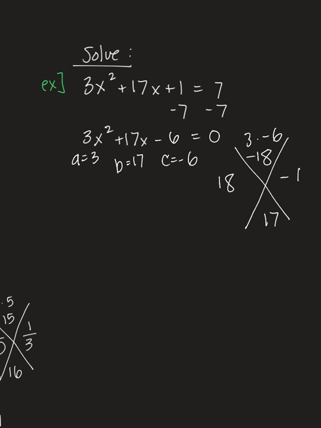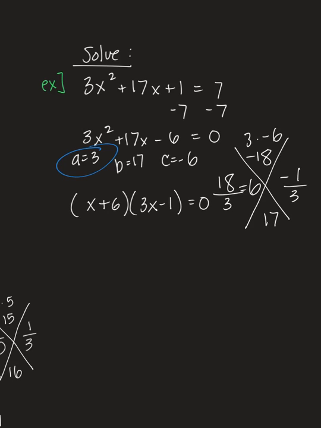But because our quadratic has an a value of 3, we're going to divide both of our values by 3, and the left one actually simplifies down to 6. So that means we would factor this into x plus 6 and 3x minus 1, and that will be equal to 0.